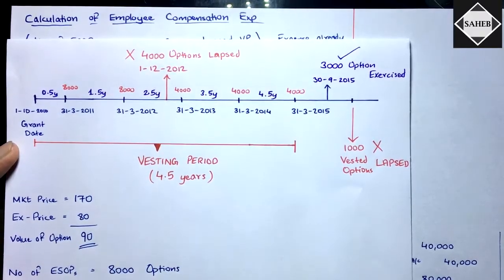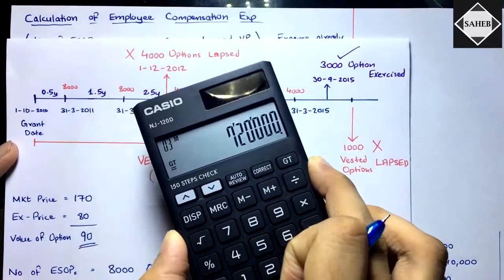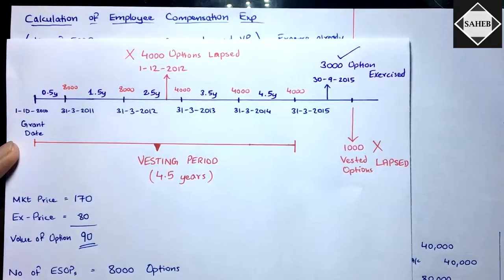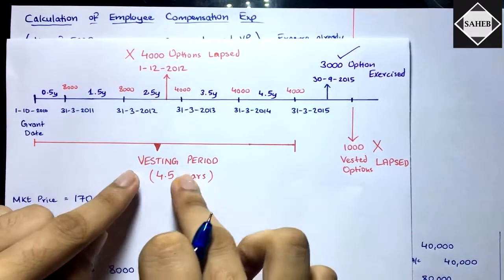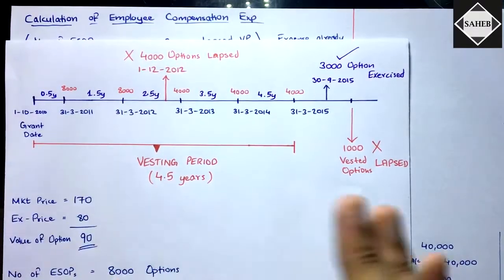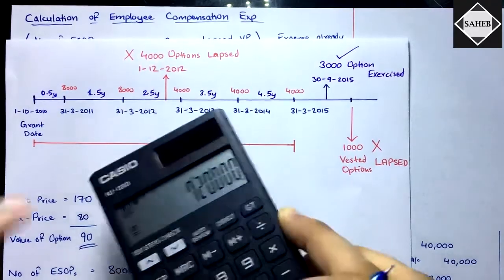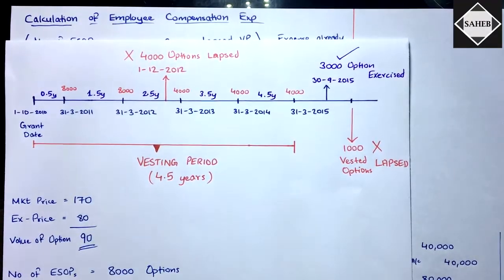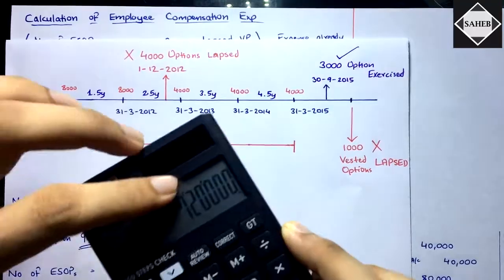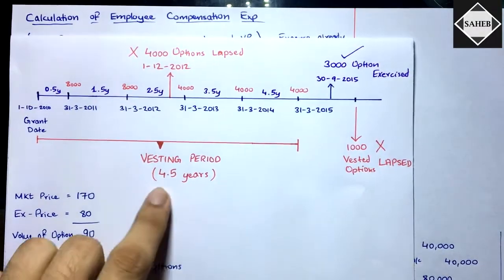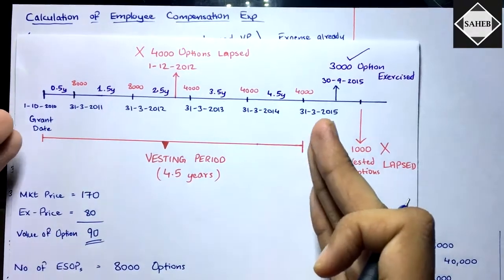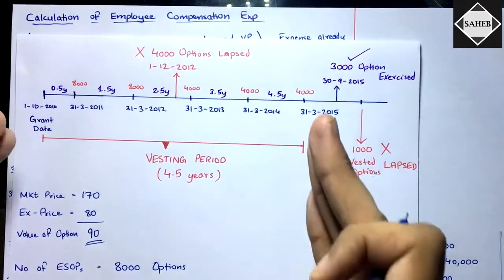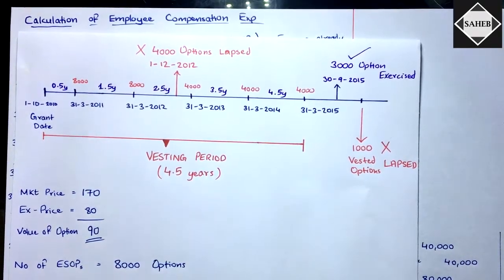Similarly, this expense related to ESOP also has to be spread over the entire vesting period. You cannot take this 7,20,000 entirely to first year profit and loss. You have to take it slowly over these 4.5 years. In all the years of these 4.5 years you have to take it to profit and loss.